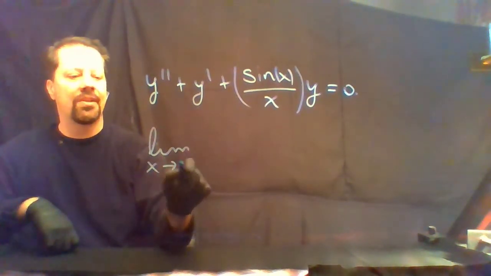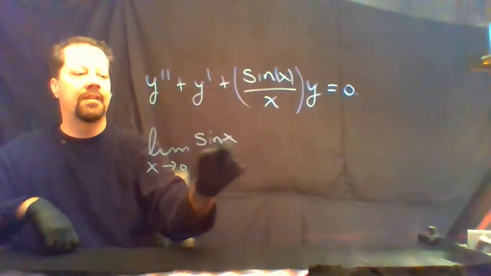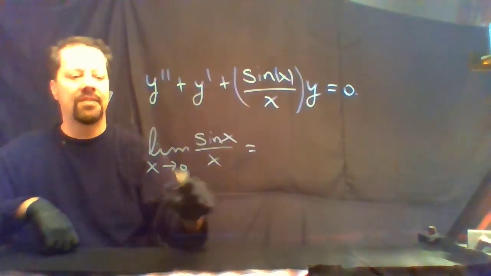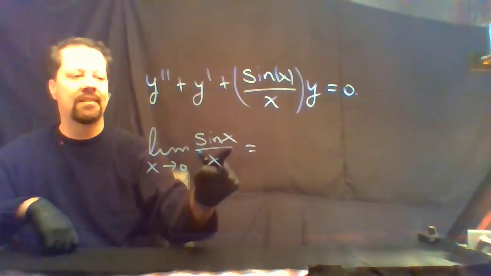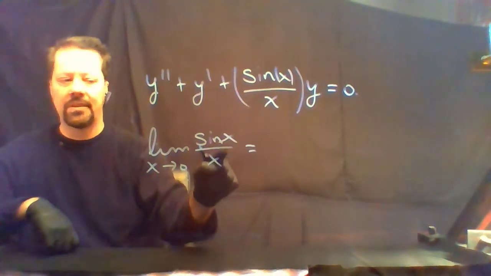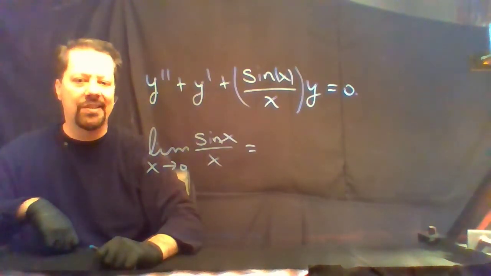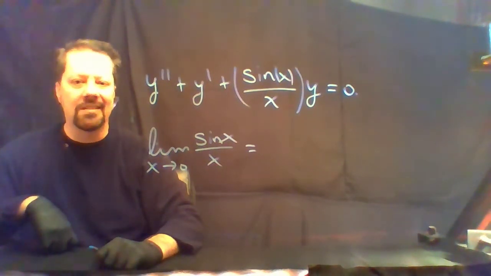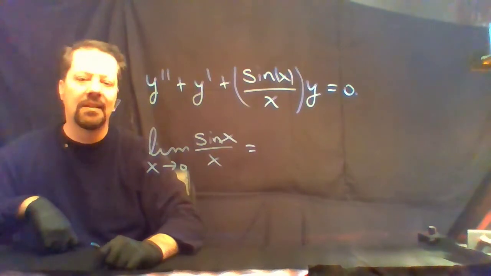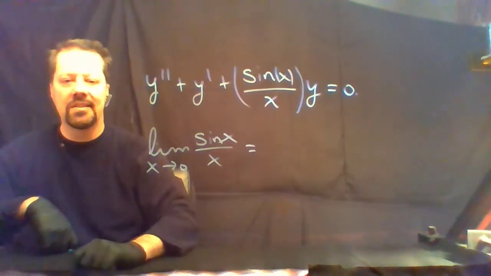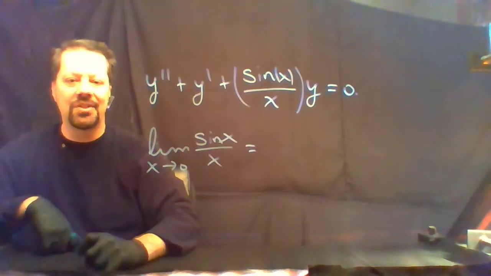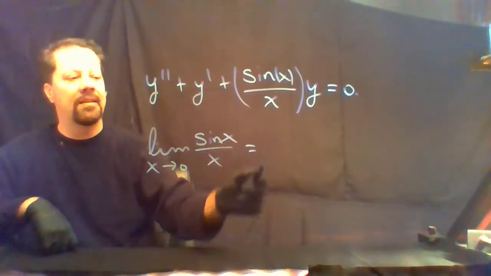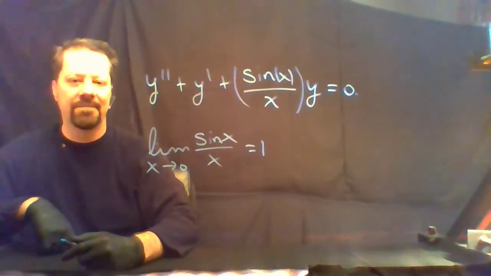The limit as x goes to 0 of sine x over x, notice that if you just plug 0 in, sine of 0 is 0, and we'll have divided by 0. But in the context of limits, 0 divided by 0 means more work. And in particular, this is a L'Hopital's rule case. You could easily show using L'Hopital's rule that this limit is equal to 1.